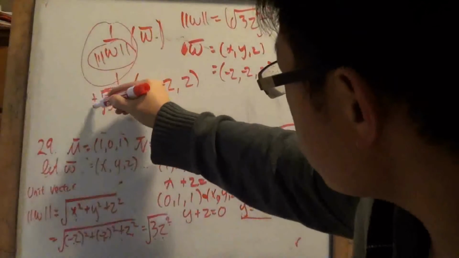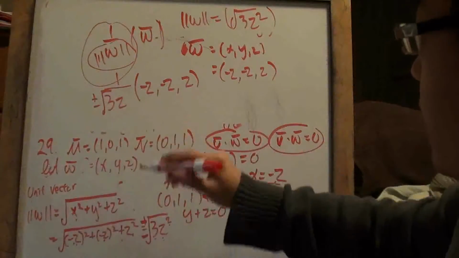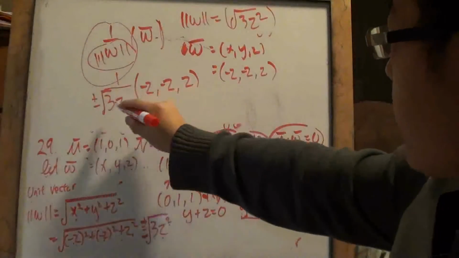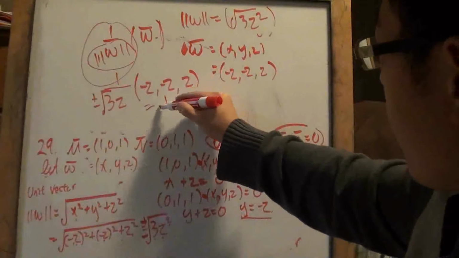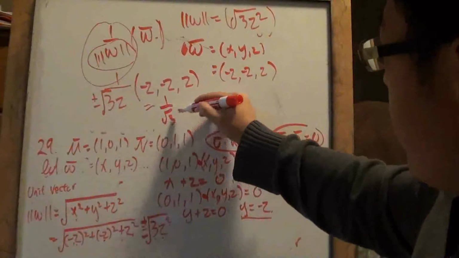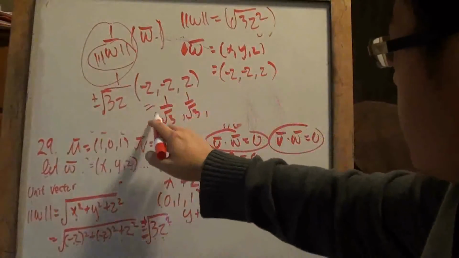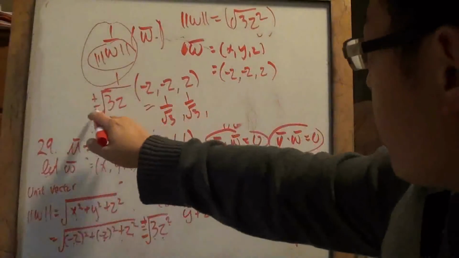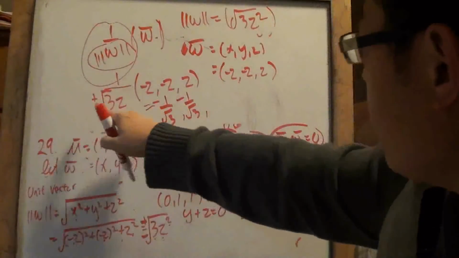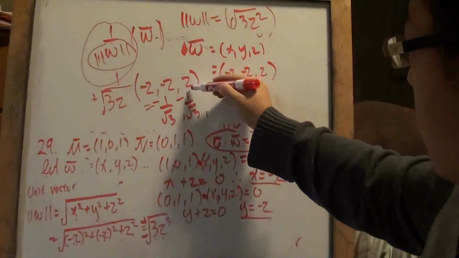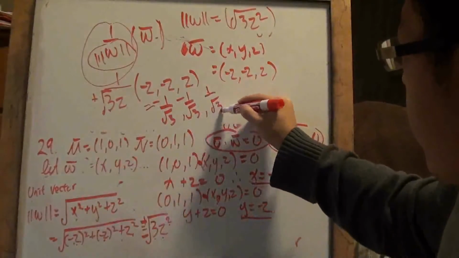Remember, this is plus or minus. We forgot to mention that. So because of that, when we multiply it together, the z is going to cancel out, so it's going to be just 1 over root 3, 1 over root 3. Positive times positive will give you 1 over root 3.